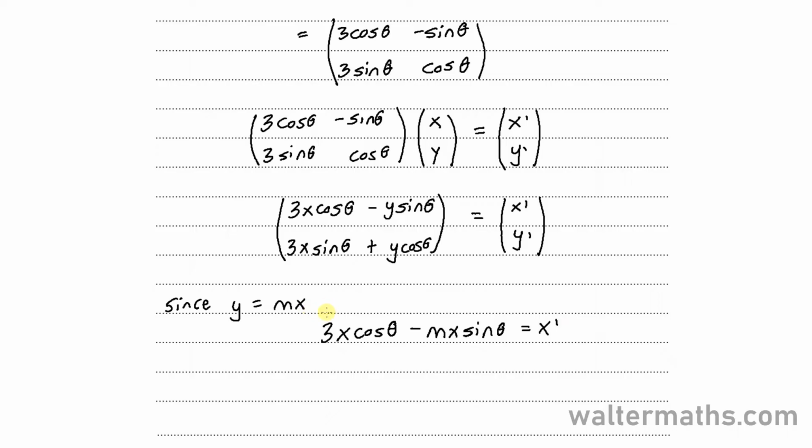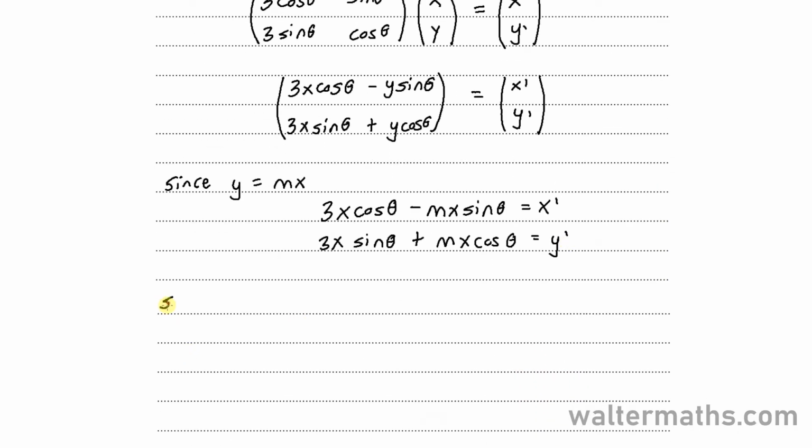Then for the second equation, I'll have 3x sine theta, plus y cos theta. In place of y, we have mx again, so that's mx cos theta, and it's equal to y dash. So from here, since the lines are invariant, we can also say that the image will also have the form y is equal to mx.